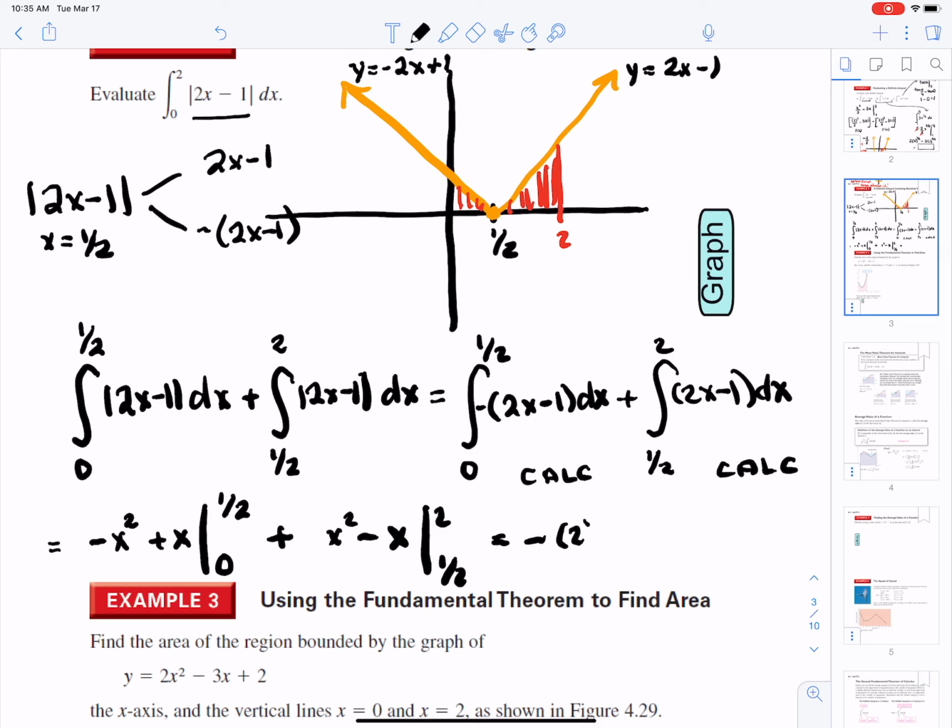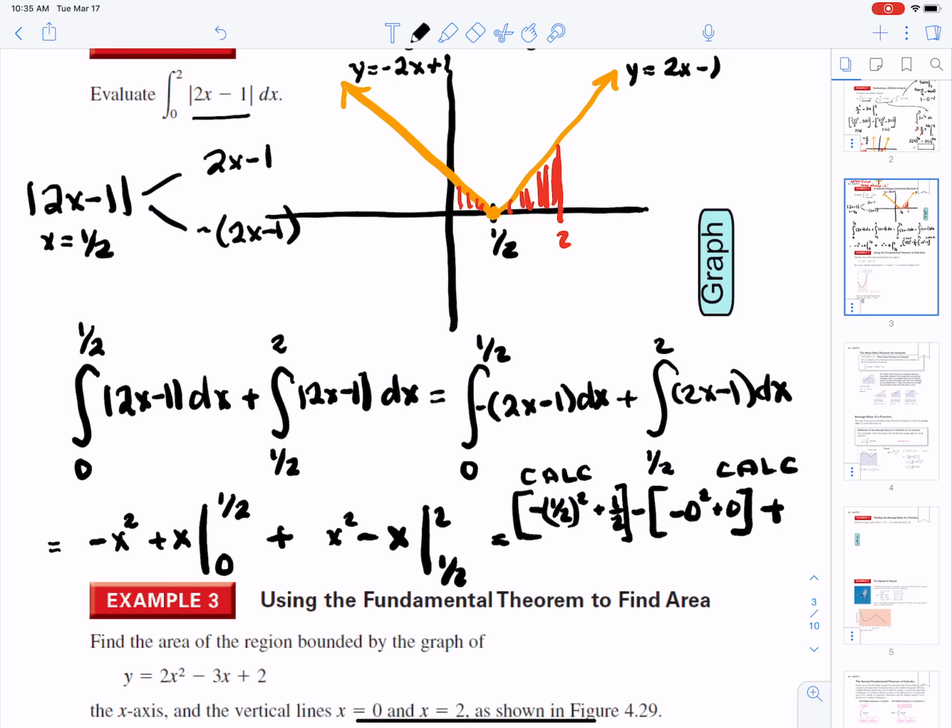So minus 2 squared plus 2. Oh, whoops, I'm making a mistake. We have to start with the first integral function. So it's going to be minus 1/2 squared plus 1/2, minus, sub in the lower limit, minus 0 squared plus 0.